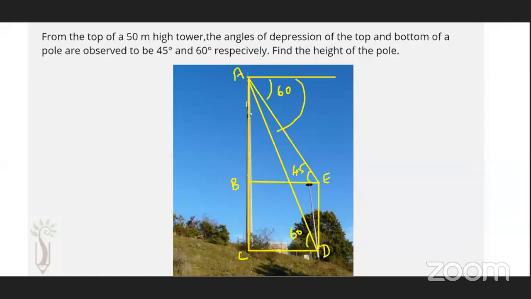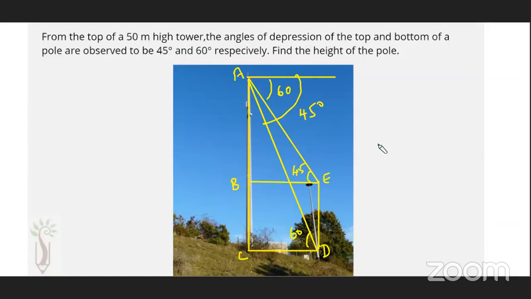Okay, all of you, please let me know whether I've marked it right or wrong. Please look at the figure. Where am I making the mistake?